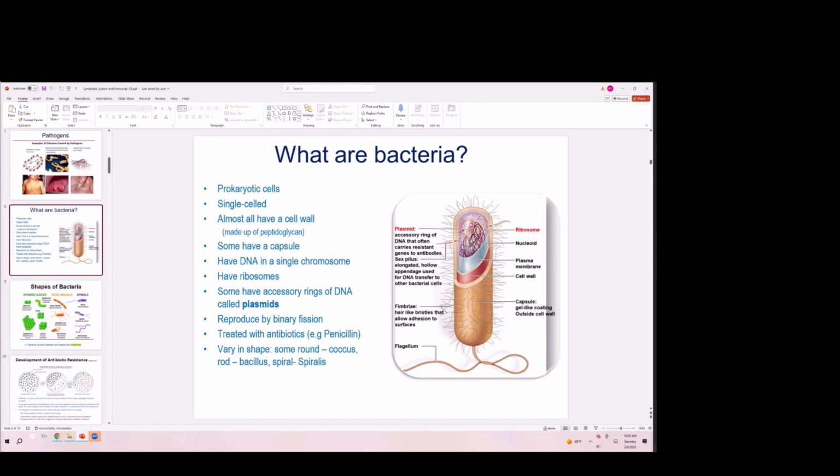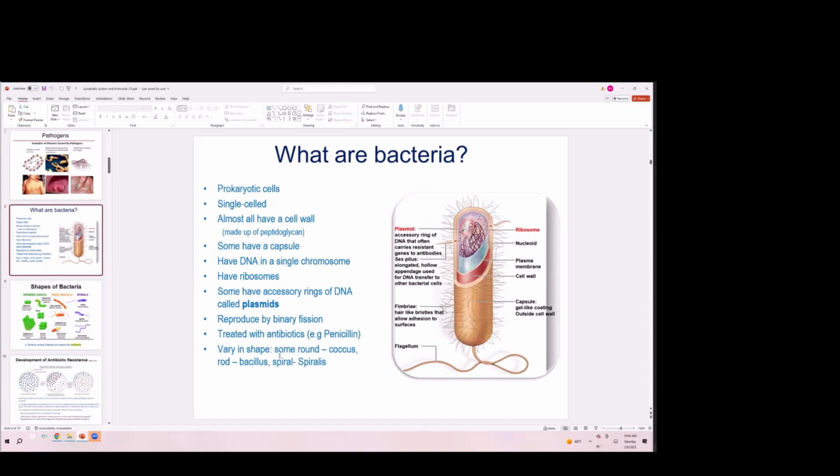Some of them can do this every 20 minutes. So you can imagine one bacterium dividing every 20 minutes, in this exponential way, makes bacteria able to populate an area very quickly. So they reproduce by binary fission.